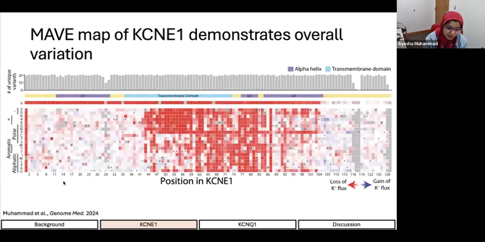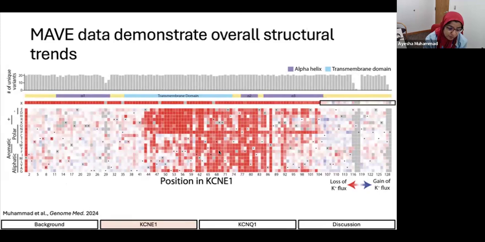So this is what the heat map looks like, and there are some proof of concept things that stick out pretty clearly. So, overall structural trends. For example, you'll notice that around the transmembrane domain, a lot of positions are resistant to variation.